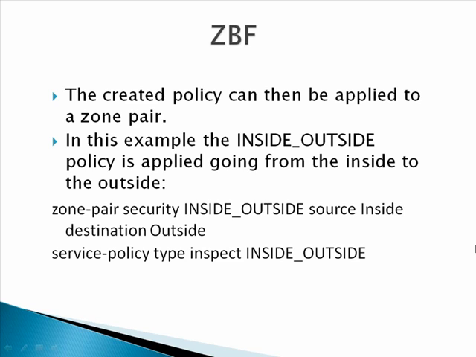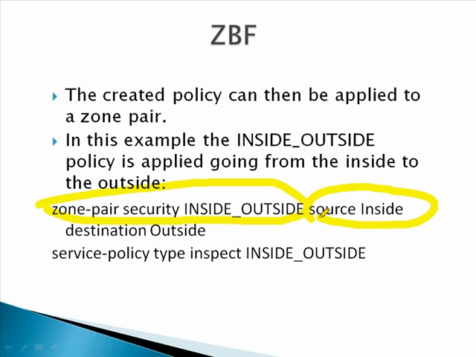The policy, like I mentioned a few times before, gets applied to a zone pair. So from this zone to this zone, each of these zone pairs has a source and destination, which you can see in the config below. So zone pair security, and I called it also inside to outside. Source zone is inside.